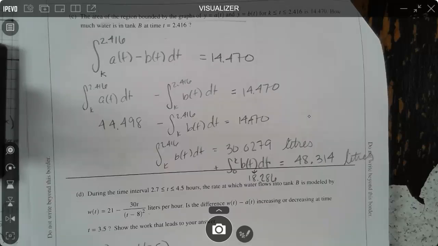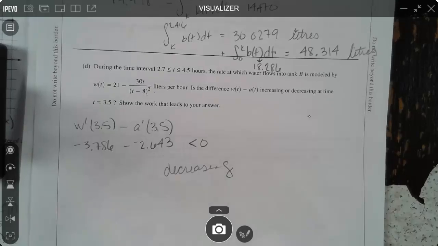Okay. Why did I add it to it though? Because it wants to know how much water is, that's like my initial condition. That's like my first part. I had to add it back in there. So that's my, it says all together. So that's my from 0 to K and then from K. That's what it is.